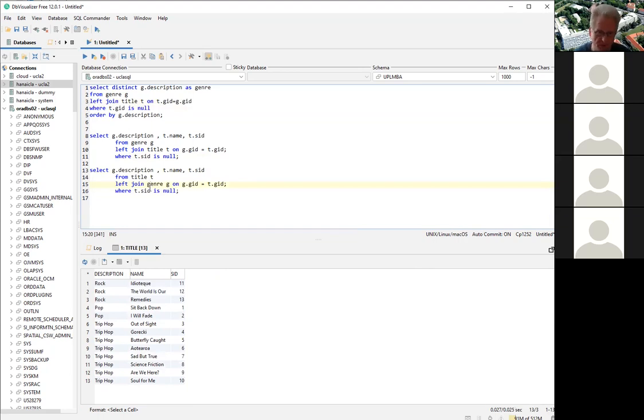And unfortunately, it doesn't work. The reason is, we would like to see all of the genre table and not all of the title table, but the left join takes all of the title table. We could use a right join in this case. Exactly. So it depends on the order of the tables.